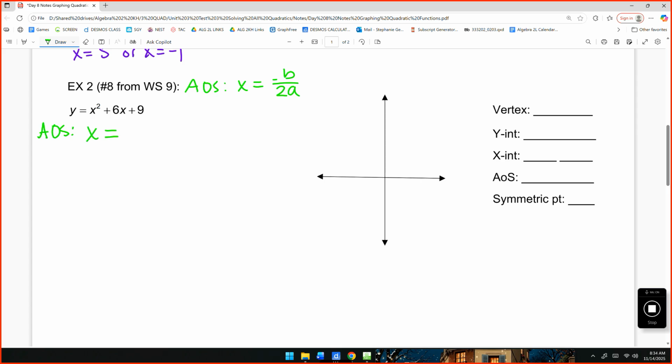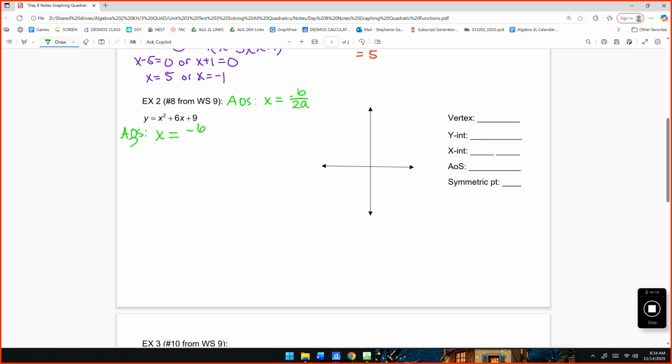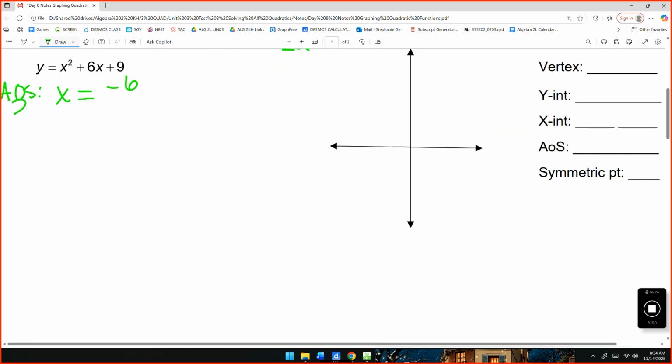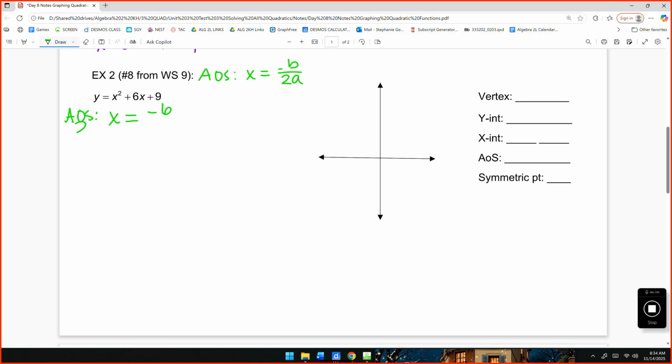X equals, I need x equals because it's a line, right? Opposite 6 over 2 times 1. So that's negative 3. So AOS is x equals negative 3.